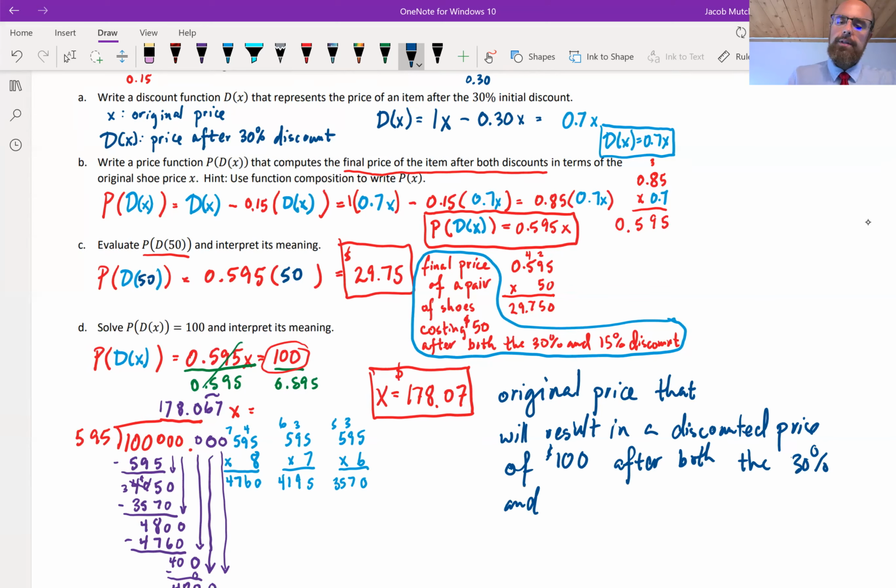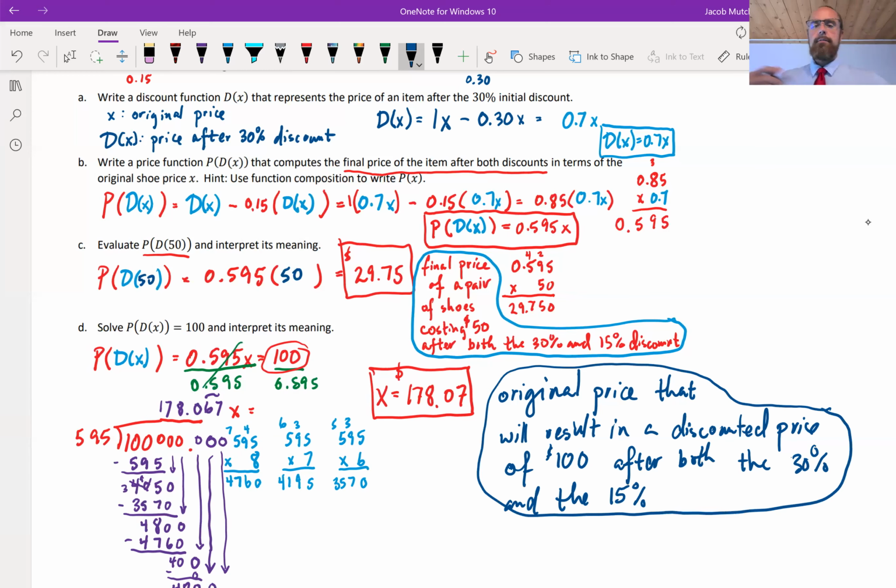In a way, it's the opposite direction. So in part C, what we found was the final price of a pair of shoes costing $50 after both the 30% and 15% discount. Here in part D, we're looking at the opposite situation. That $178.07 is the original price that will result in a price of $100 once I take the 2 discounts.